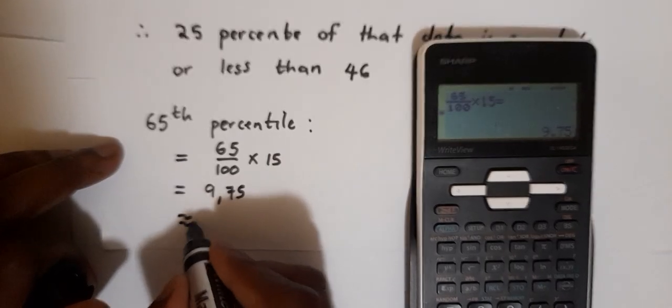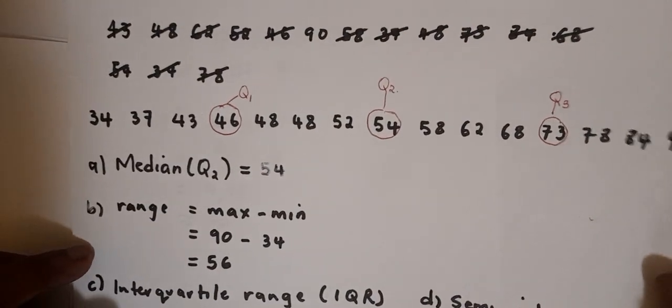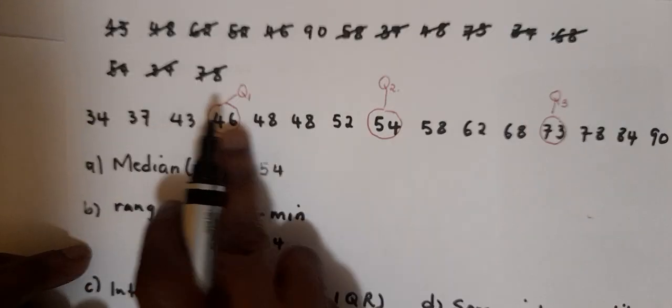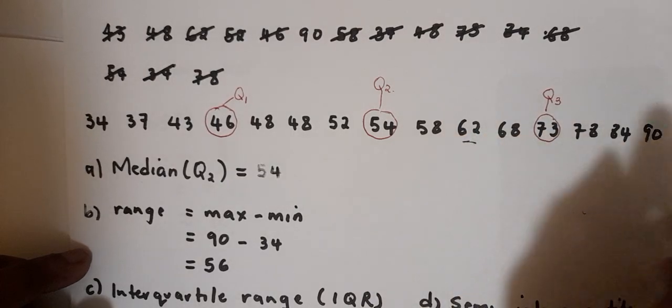Then the position is approximately 10. Then you go to your arranged data and go to position number 10: 1, 2, 3, 4, 5, 6, 7, 8, 9, 10. There's position number 10, 62.